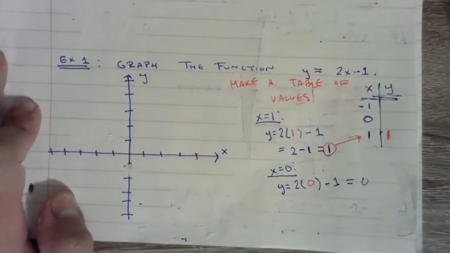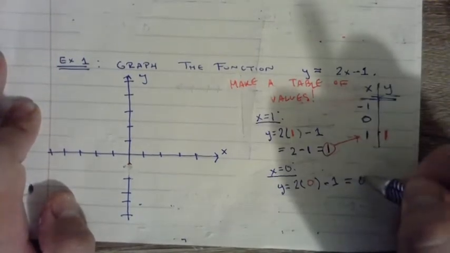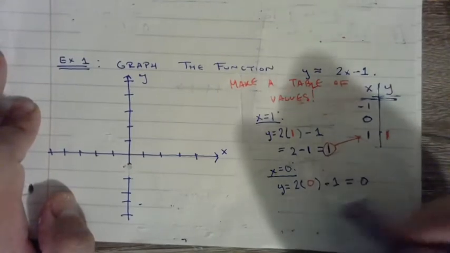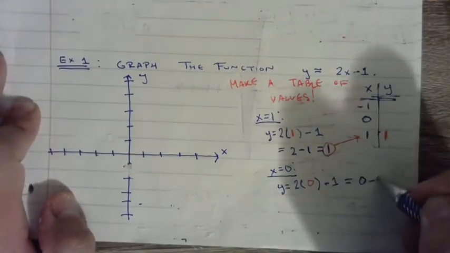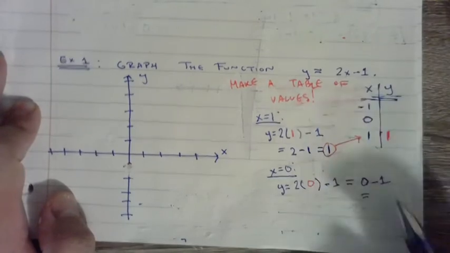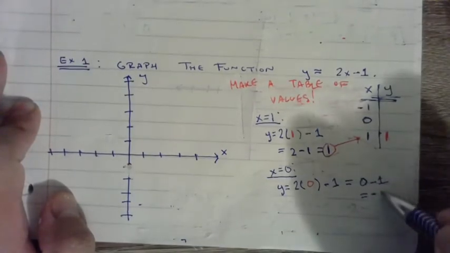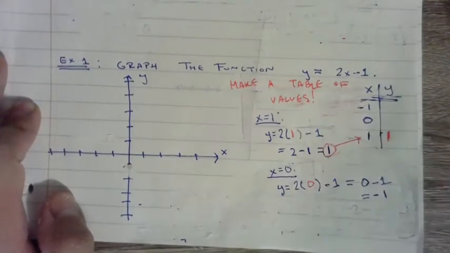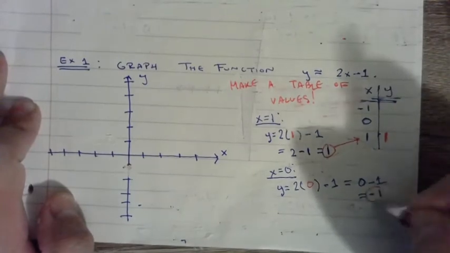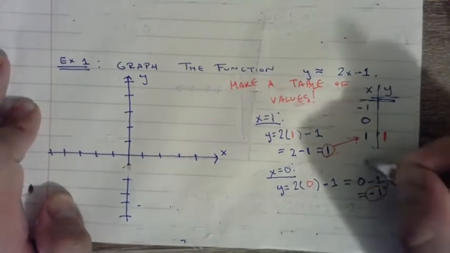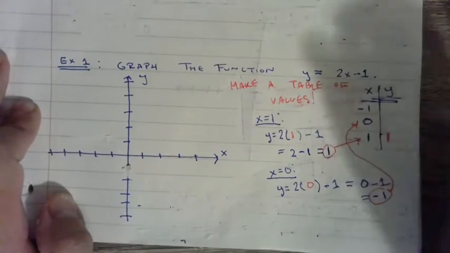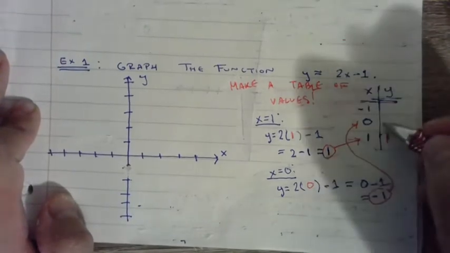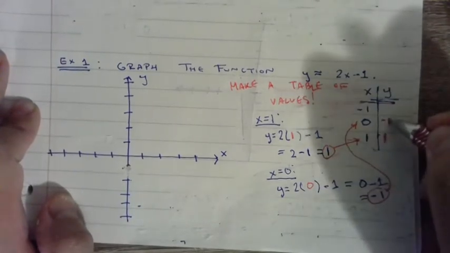Anything times 0 is 0, you guys. If you don't know that, remember that. Anything times 0 will give you 0. And then 0 minus 1 gives you -1. This -1 pertains to our x equals 0, so make sure that it goes there. And therefore, we have (0, -1).